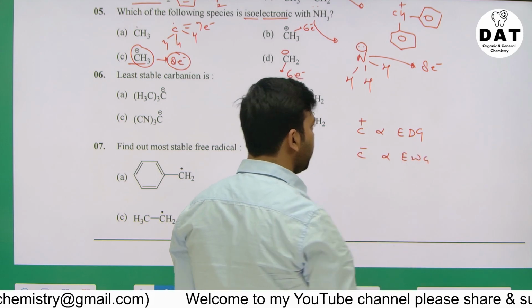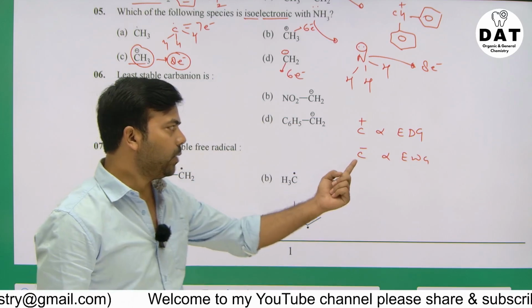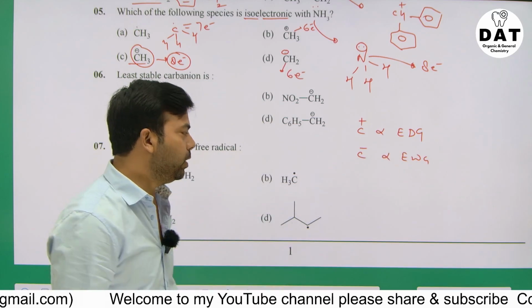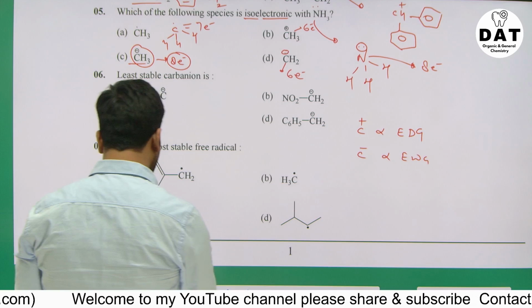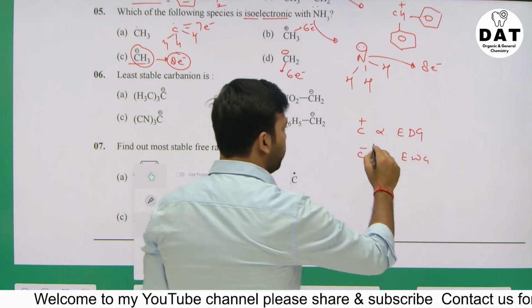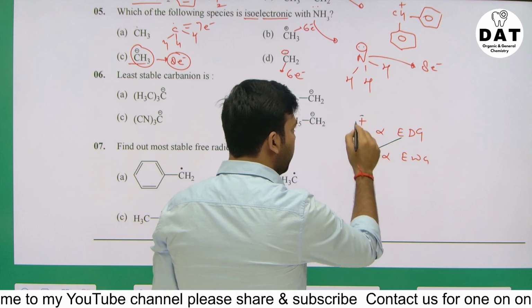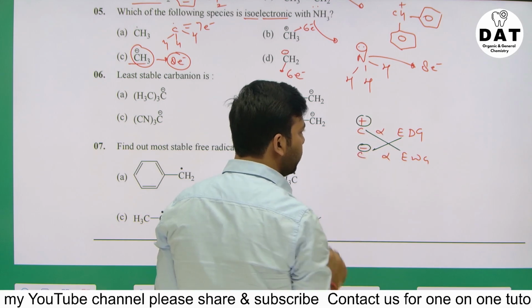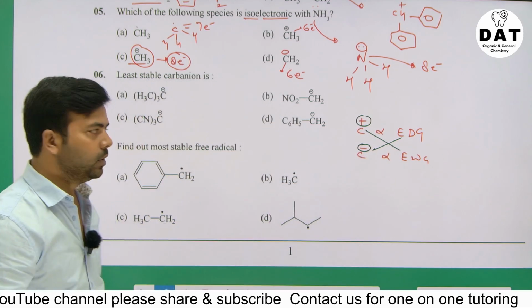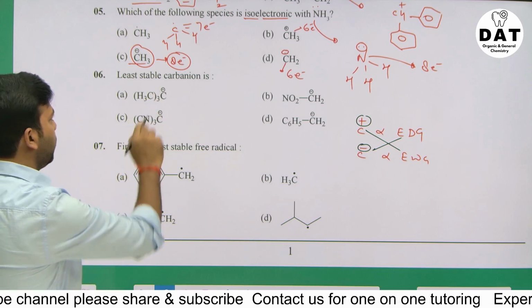Clear? So if your carbon ion has a donating one, then unstable means cross connectivity. What does it mean, cross? Like if you are connecting negative with the donating group, then it is unstable, and positive with the electron withdrawing, unstable. Make sense?